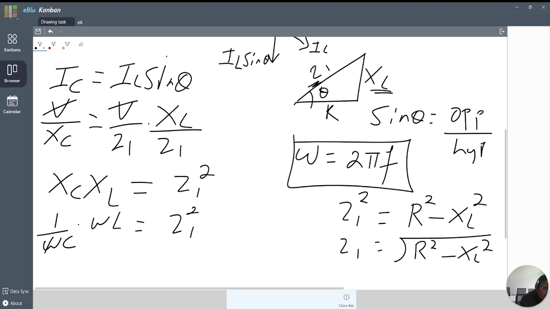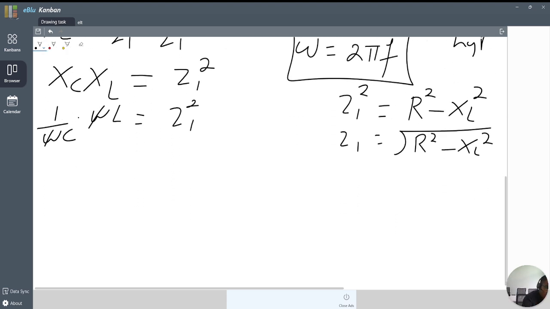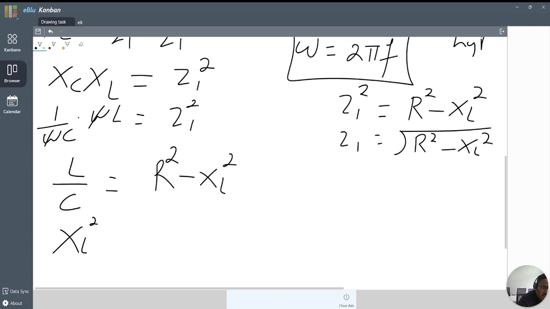So omega cancels, and L over C equals R square plus XL square. So XL square becomes L over C minus R square.